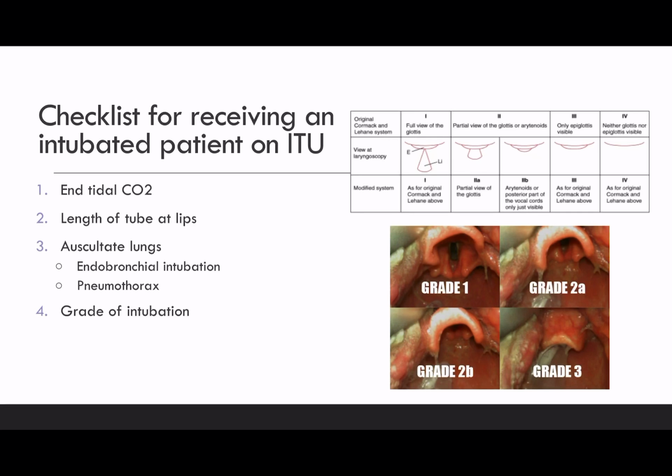However, if you see patients with an endotracheal tube that's sitting at 16 or 14 centimeters at the lips, always think to yourself, has this tube come out too far? Similarly, if you see a tube that's in at 26, 28 centimetres, again, think to yourself, has this tube gone too far in? Is this an endobronchial intubation, or is it sitting too close to the carina?